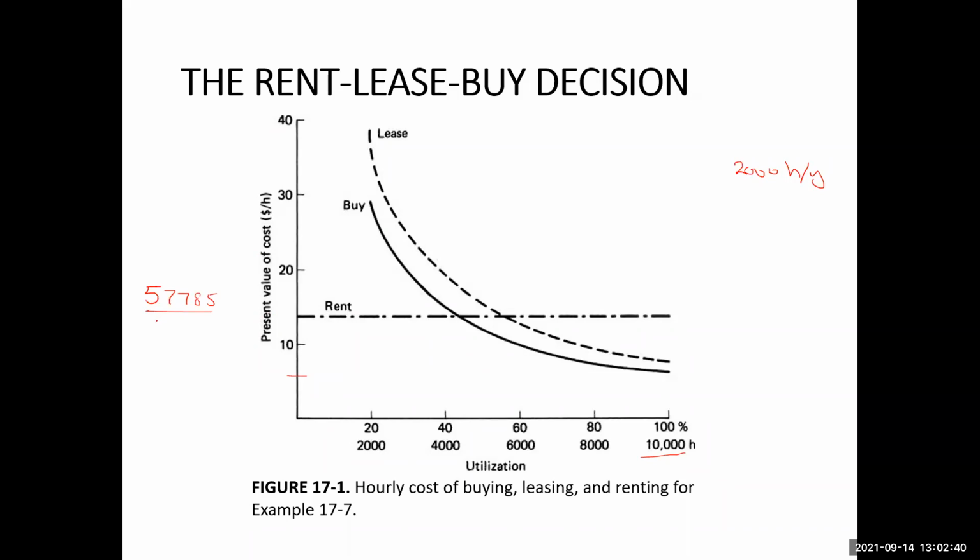So if we divide it by 2,000, what will be that amount? 57,000 divided by 2, so it will be 2, 4, 8, 28 point something, $28.